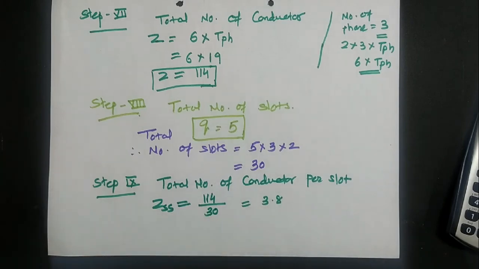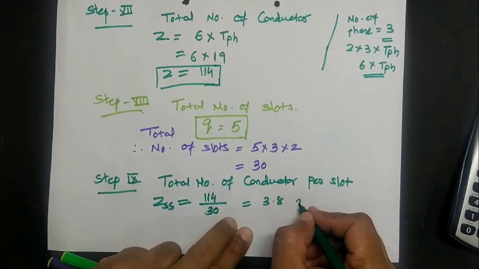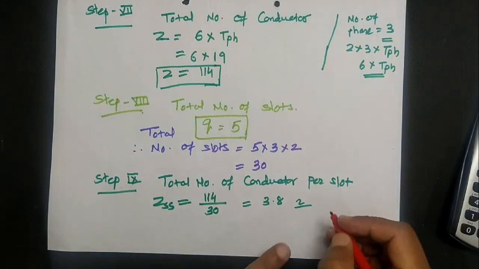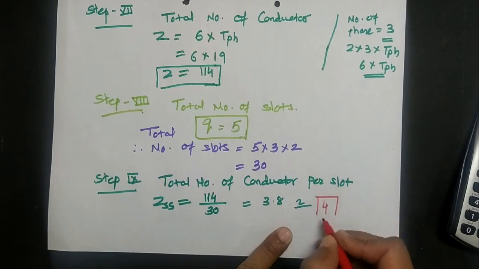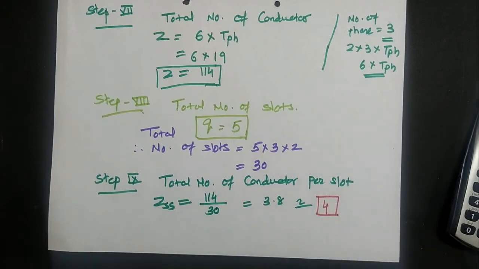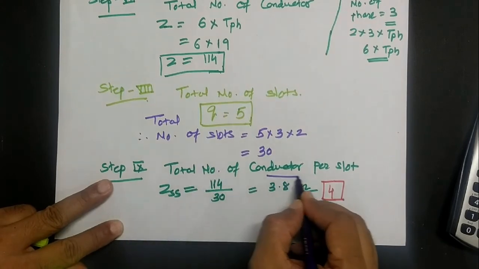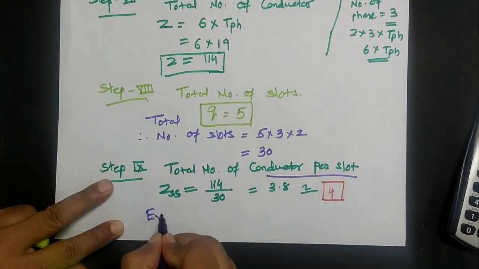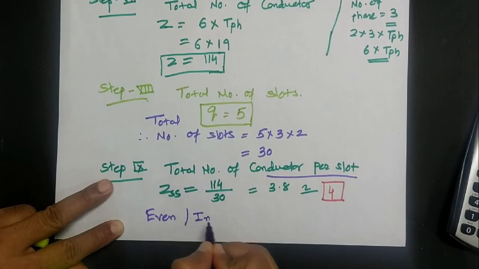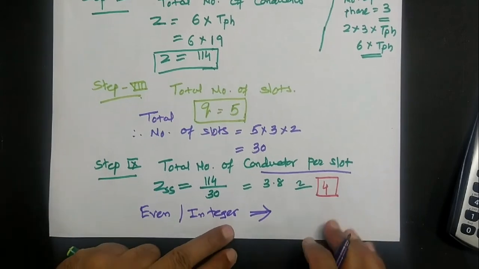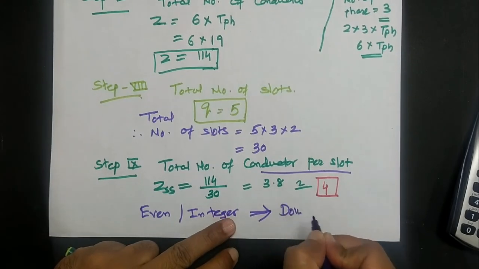But we have to consider an integer value, so it can be approximated as 4. So we consider the number of conductors per slot to be 4. This is an even integer number. So for an even integer number of conductors per slot, we can conclude that a double layer winding is possible.